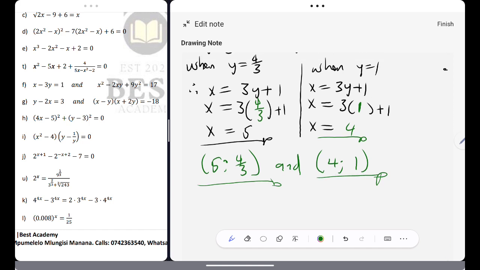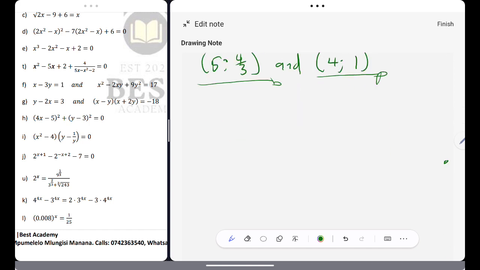The second one from my tutorial, please pause again and do this one. y minus 2x is equal to 3, first equation.